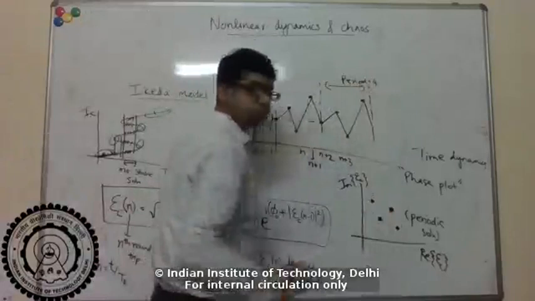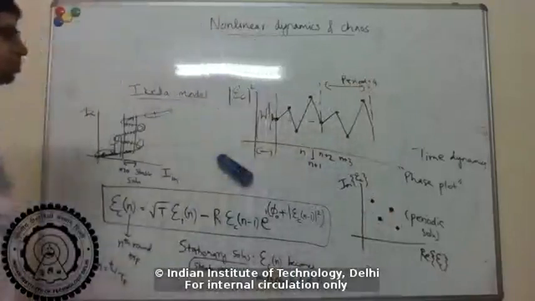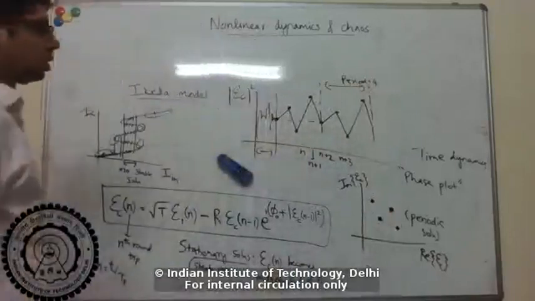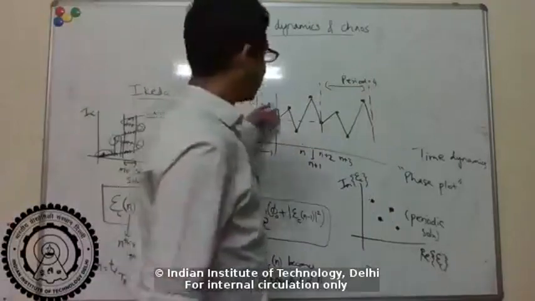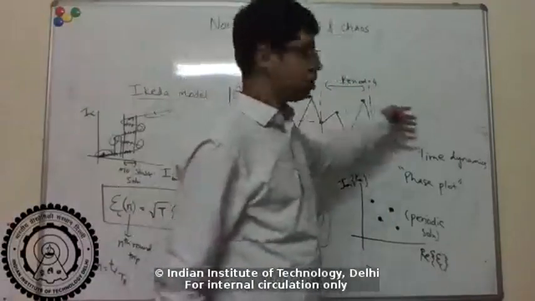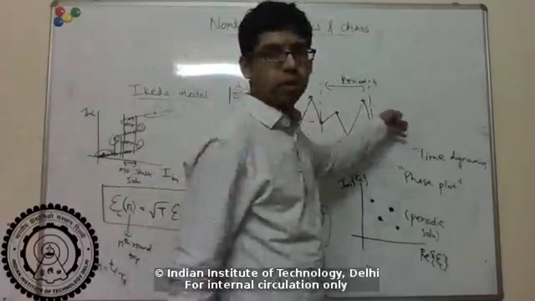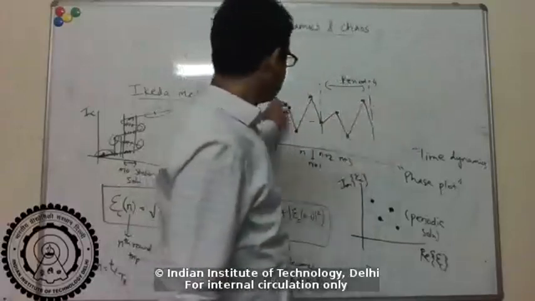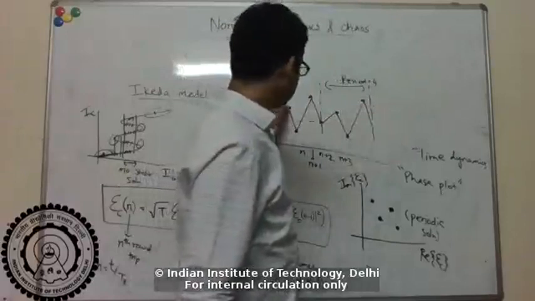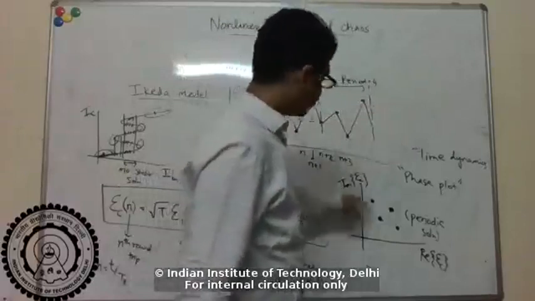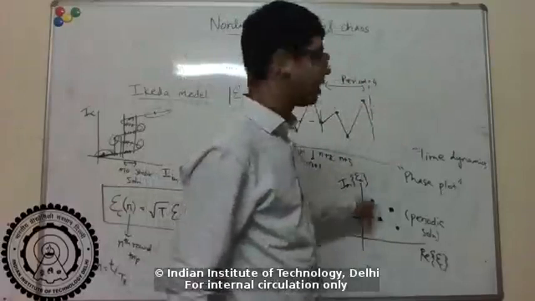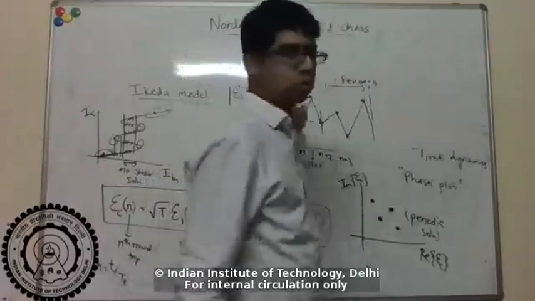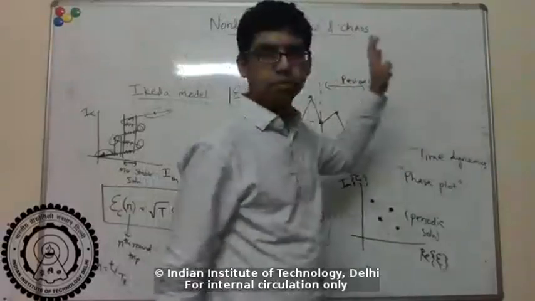Sir, can you explain the phase plot again? So I have some time series for my output field. I take the value of the field and represent it on the complex plane, and do it for all values of time.